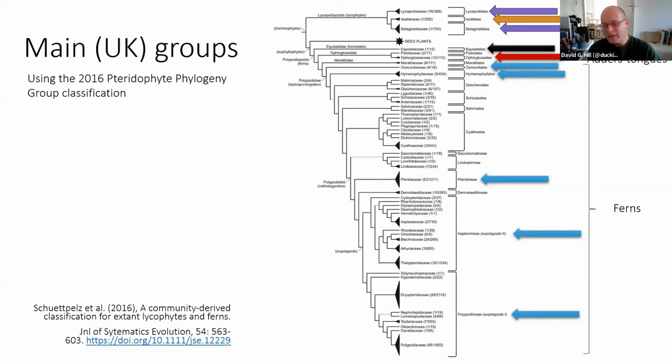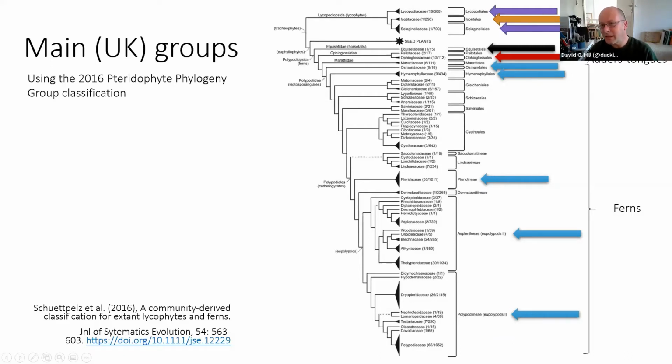Basically it breaks up the different ferns and lycophytes into families and puts them into some sort of taxonomic order in terms of the order in which they evolved. Right up at the top, we have the lycophytes, and these arrows indicate the ones which are represented in the British fern flora.